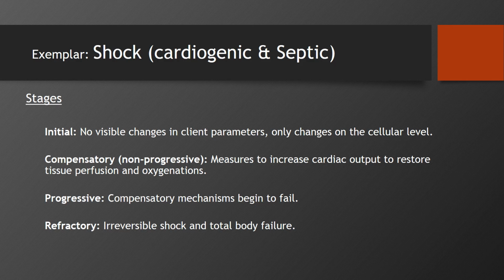For mean arterial pressure, you want anywhere from, say, 70 to 100, okay? That means that you're adequately perfusing all of your organs, and your organs are receiving the nutrients and oxygen that they need.